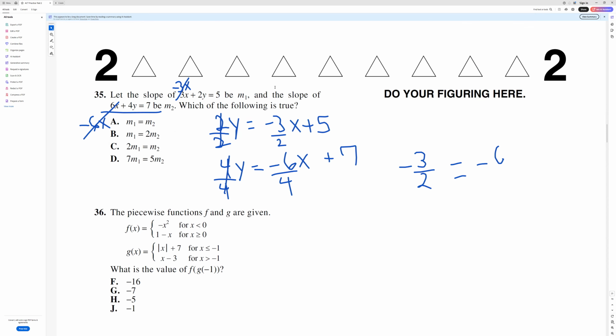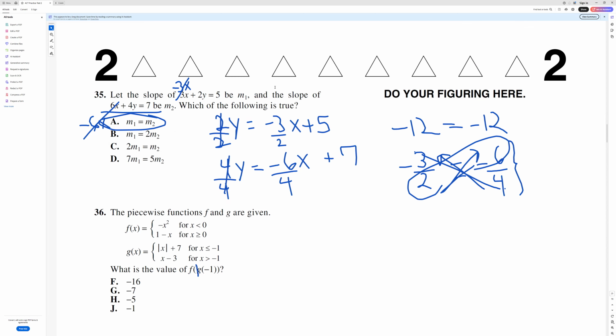All right? Now this one, piecewise functions, let's start from the inside out. G of negative 1. Negative 1 is included here, so I have to use this for negative 1. So I'm going to put a negative 1 inside the absolute value bars, plus 7. And I know that this always comes out positive because it's distance, and distance cannot be negative. So 1 plus 7 is equal to 8. Now that I have 8, let me use f.